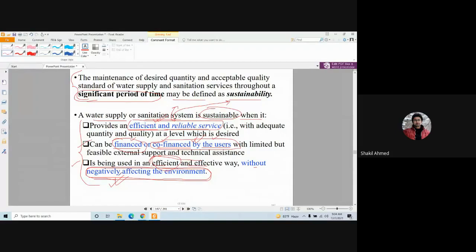Clear? Yes, sir. Another example is your sewer is made in such a way that the sewage inside the sewer does not come out or overflow and pollute the environment. That's also an example of not negatively affecting the environment. So this will lead to the sustainability of the water supply and sanitation system. Did I make it clear? Yes, sir.